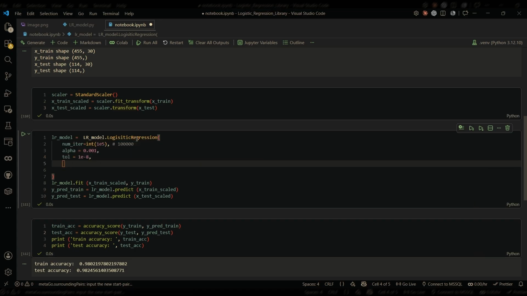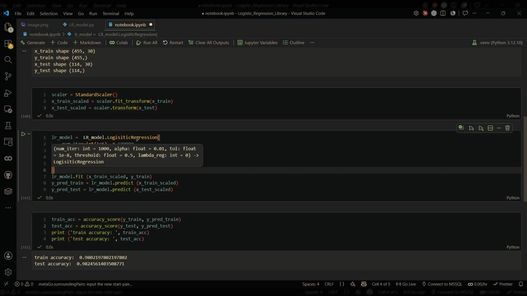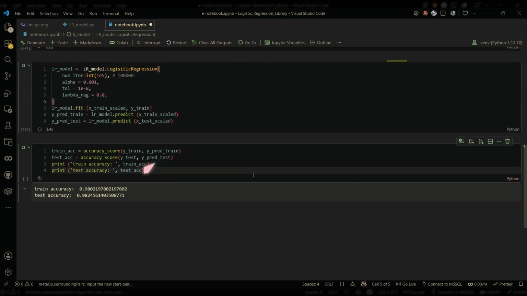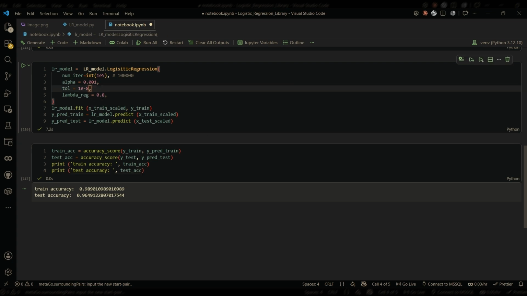And finally, lambda reg is something like 0.8, so that it can penalize the overfitting factors. Let's see if it's better. Nope, it's not better. Reduce it to 0.8, for example. And let's see.